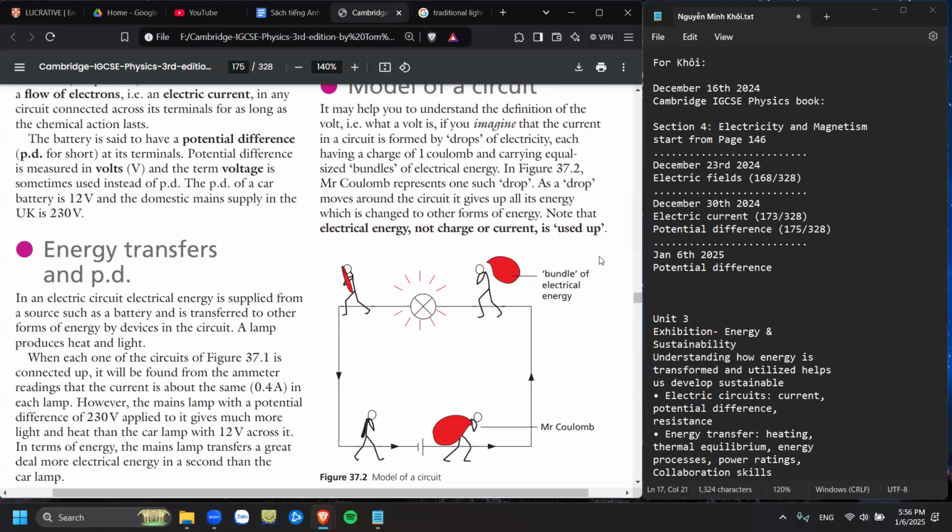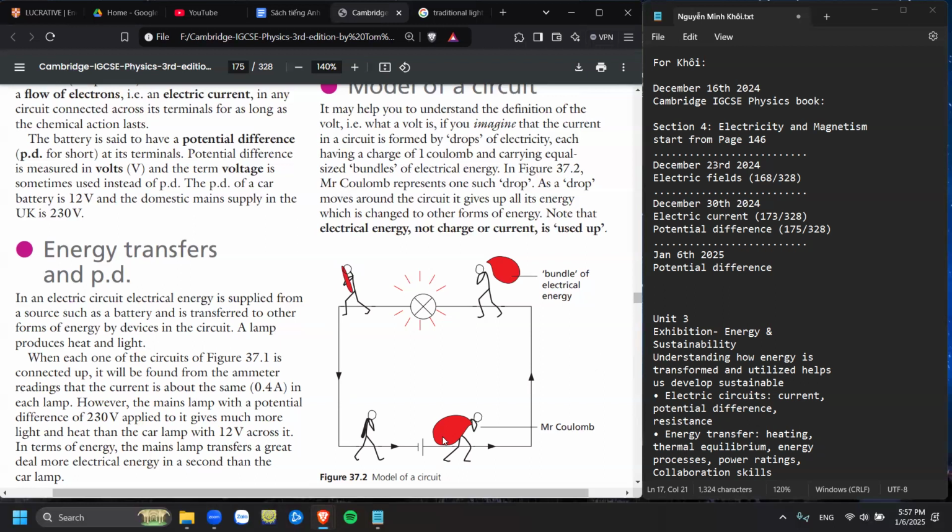In figure 37.2, Mr. Coulomb represents one such drop. As a drop moves around the circuit, it gives up all its energy, which is changed to other forms of energy. Note that electrical energy, not charge or current, is used up.